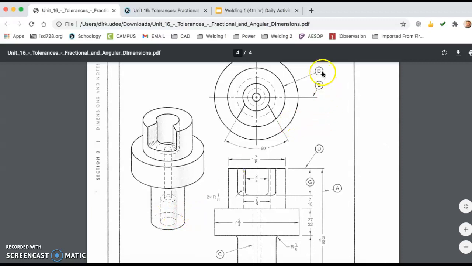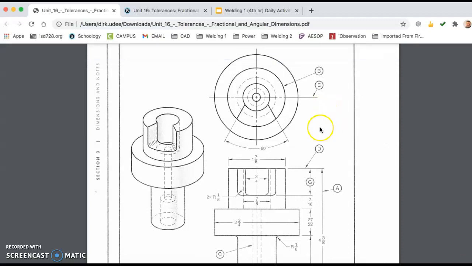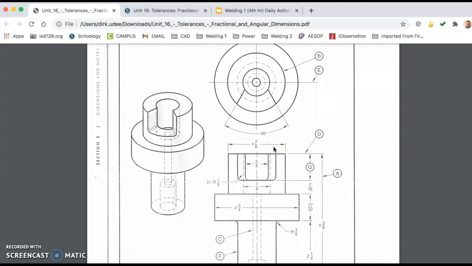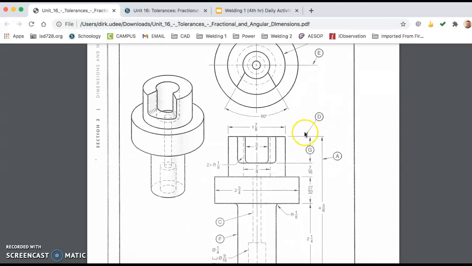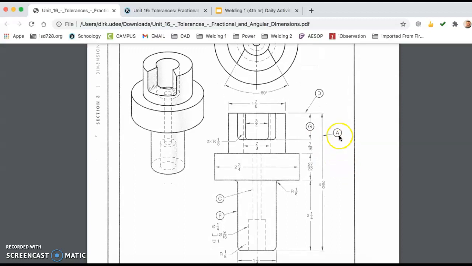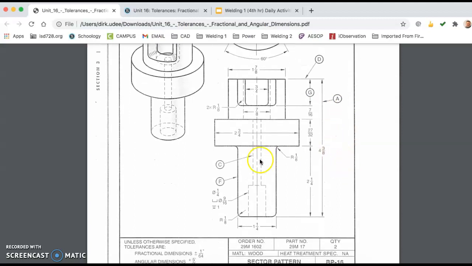So they're going to ask you to determine what is size B, what type of line is E, or what does it represent. 60 degrees is the only angular measurement found on the blueprint. They're going to ask you what type of line is D, figure out size G, what type of line is A, what does C represent, what is F for a size.